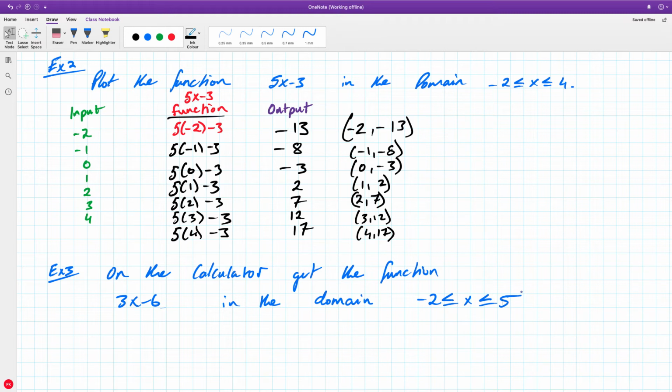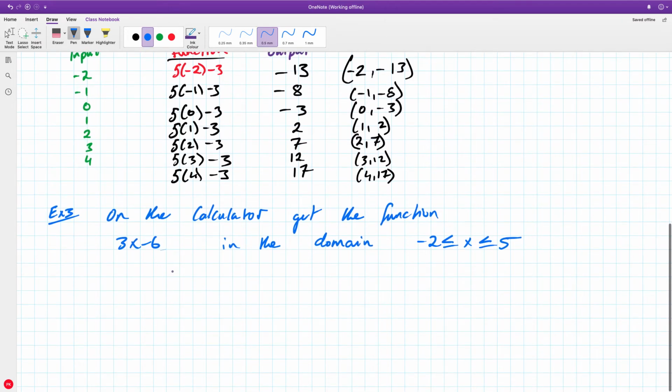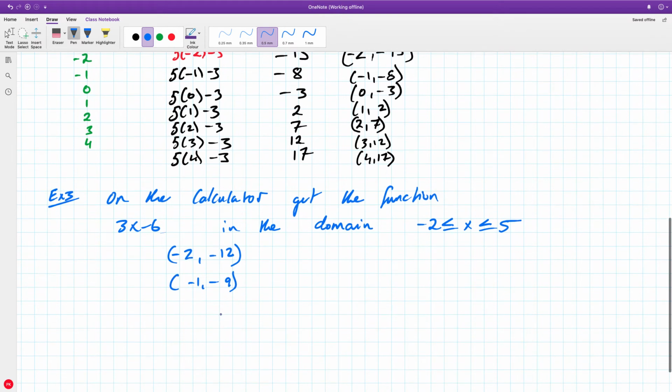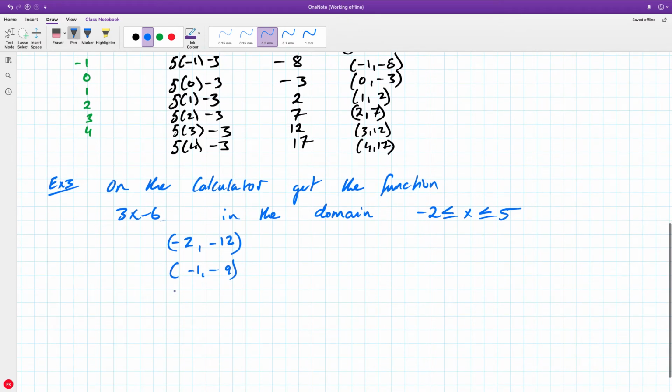So our points then should be minus 2 and minus 12. It should be minus 1 and minus 9. It should be 0 and minus 6.